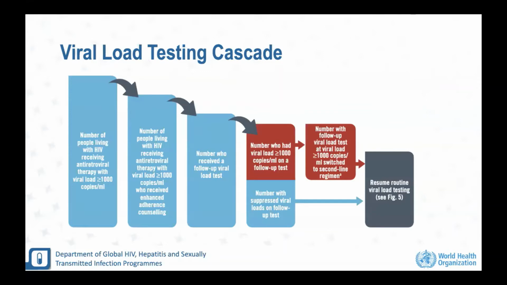So we are not only looking at the number of people with suppressed viral loads, but also making sure to follow the number of individuals with viral loads above 1,000 copies per mil who need a follow-up test. The goal would be to get them under 1,000 copies per mil so they can resume routine viral load testing and routine care under their program.